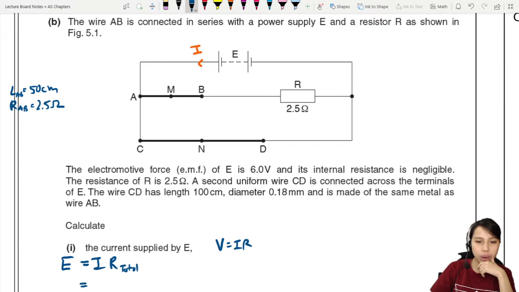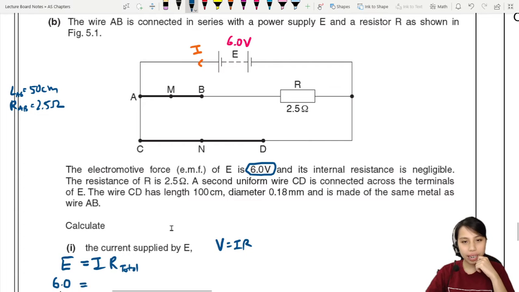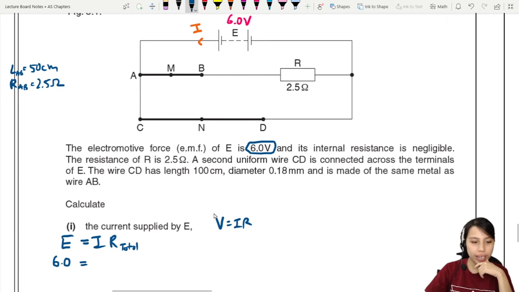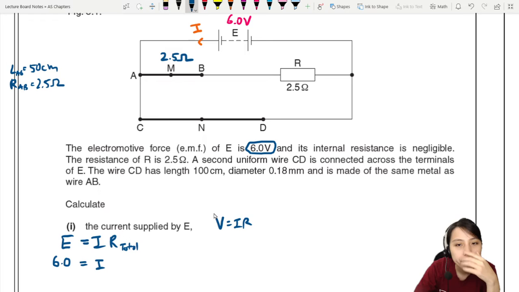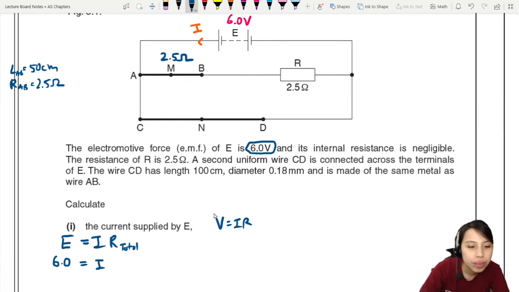What's the EMF? 6.0 volts. What do we put in for the current? We don't know, we are trying to find that. So I times R total. We need to combine this 2.5 ohm in series with this one, and then combine in parallel with the one down here.